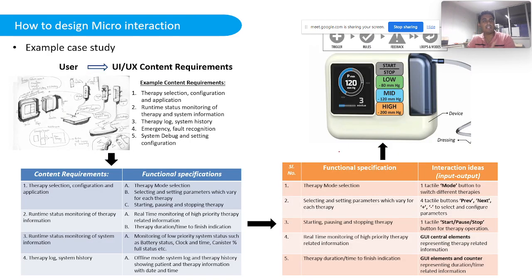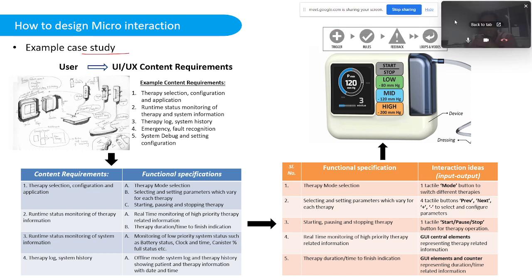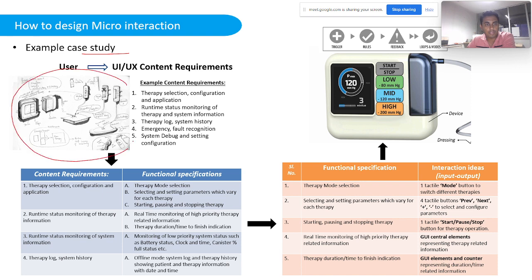So let me give you an example from a case study, so that these concepts will be clear. This is a project where I have come up with a concept for a wound healing solution.